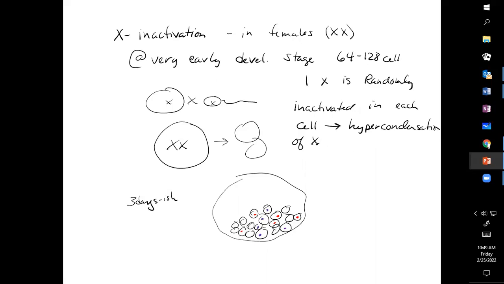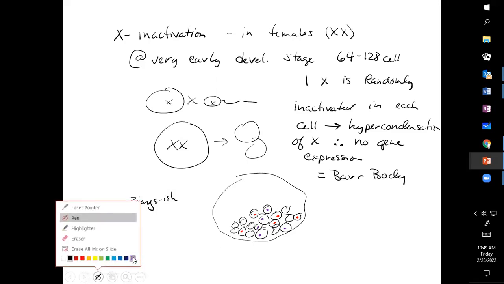And therefore you lose gene expression from that hypercondensed X. The physical structure of this hypercondensed X is called a bar body. You can see this if you stain female chromosomes at a certain stage of development. You can see this hypercondensed X chromosome because the other one is not condensed.